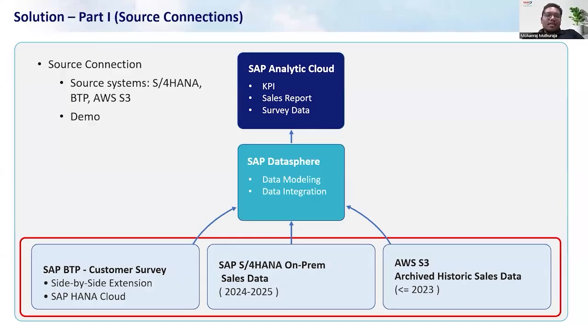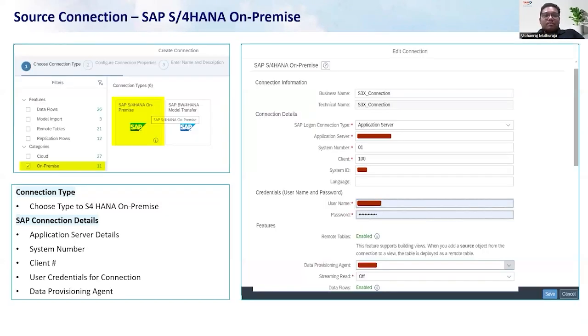There are three source connections which we will be utilizing for this webinar. The first one is the SAP S/4HANA on-premise system. If we observe closely on this DataSphere connection screen, we have multiple options to connect with various on-premise and cloud systems.